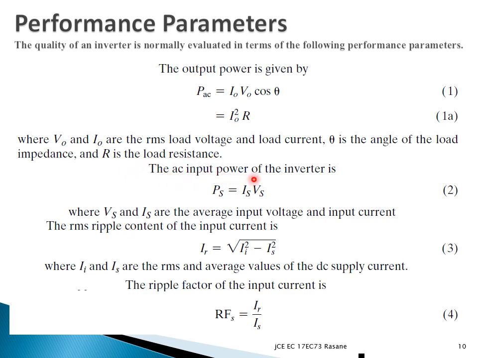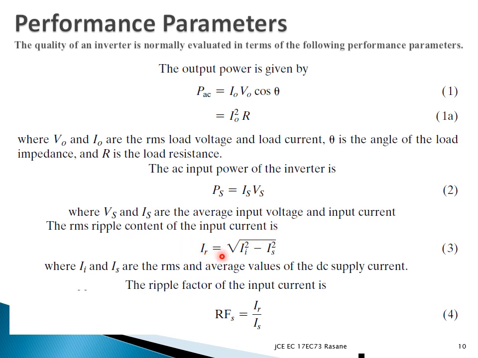The input power of the inverter, we know, is Is into Vs, input voltage into input current, where Vs and Is are the average or DC input voltage and input current. Then what is the RMS ripple content of the input? So obviously, as we have seen in the previous slide, the input current is going to rise from one level to another level. So we'll have a ripple. So how do we get that?